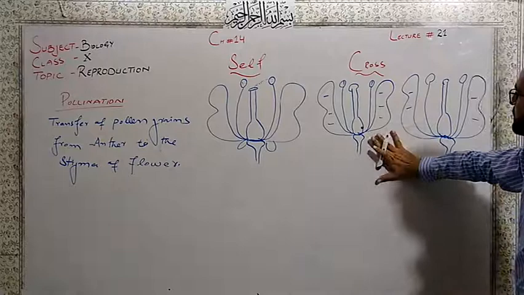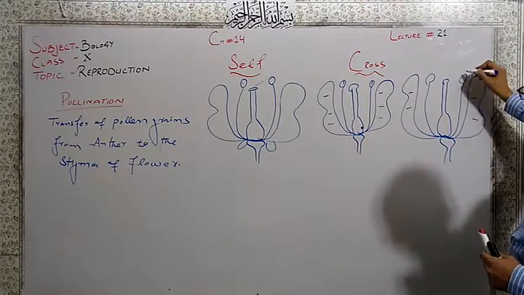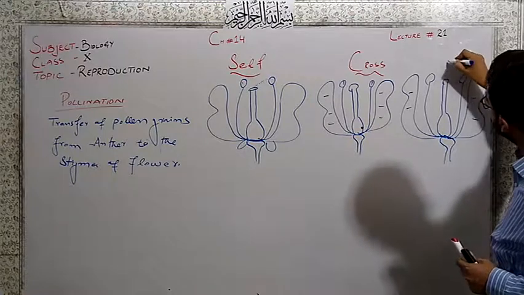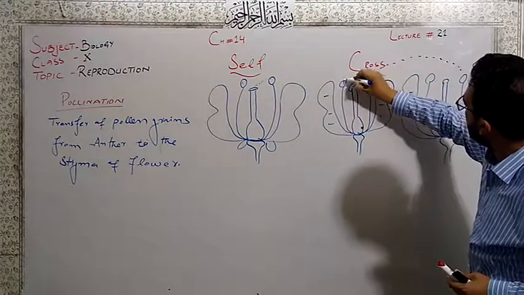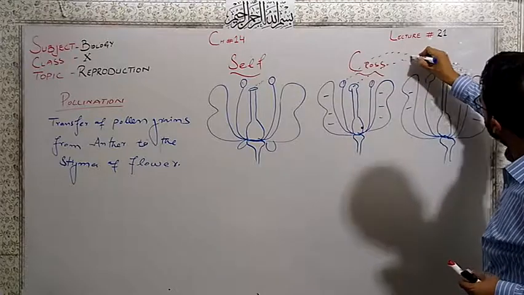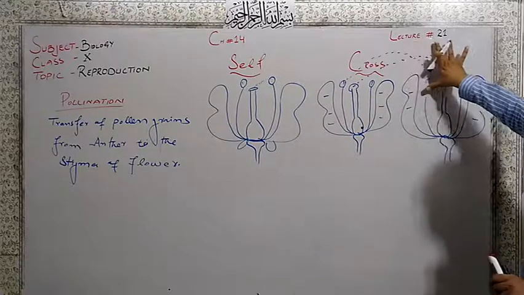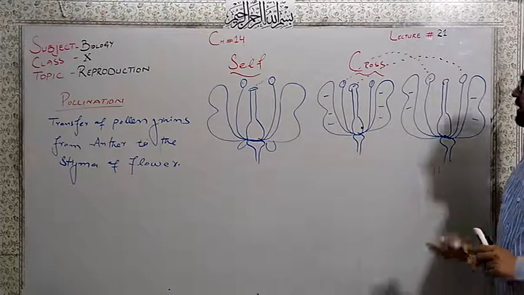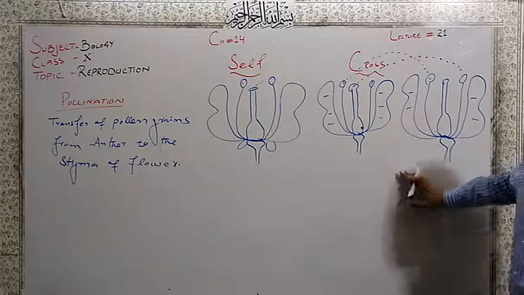This is one plant of brassica, this is second plant of brassica. If the pollen grain of this flower is coming to that stigma, and that stigma pollen grains are coming to this flower stigma, then this type of pollination will be called cross-pollination.